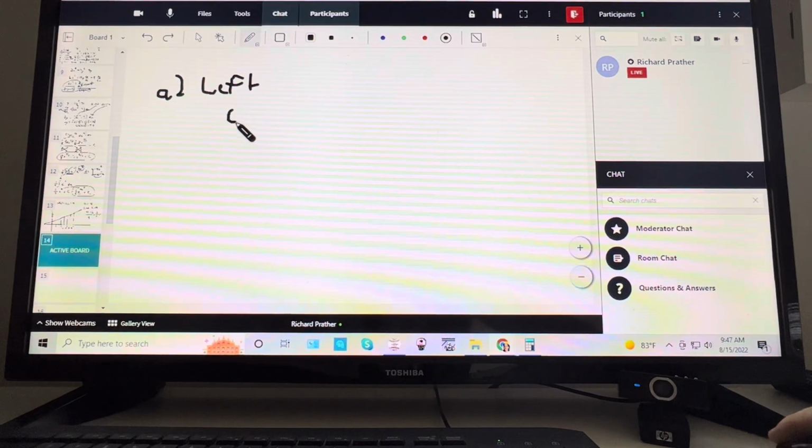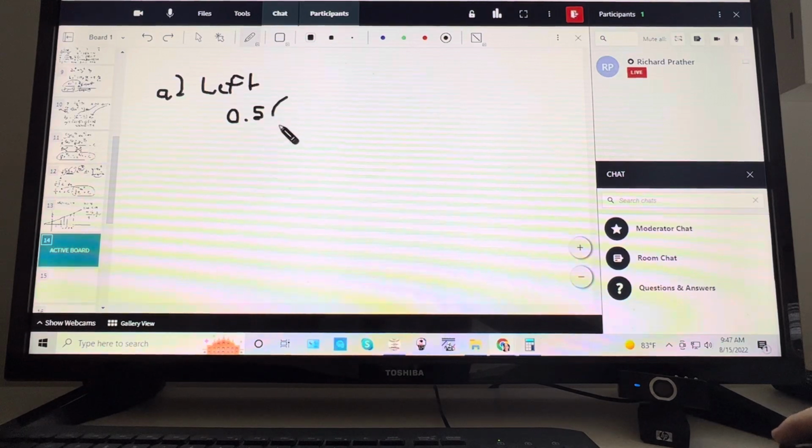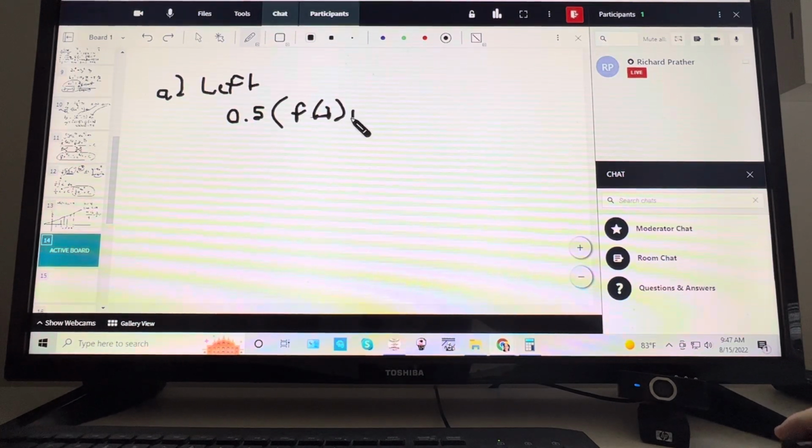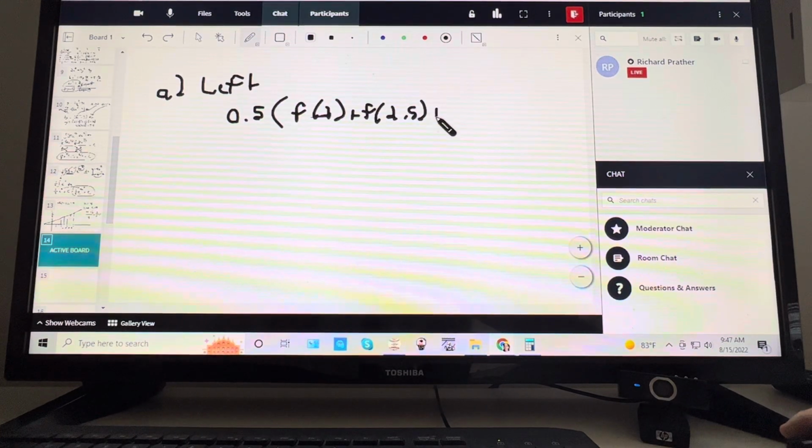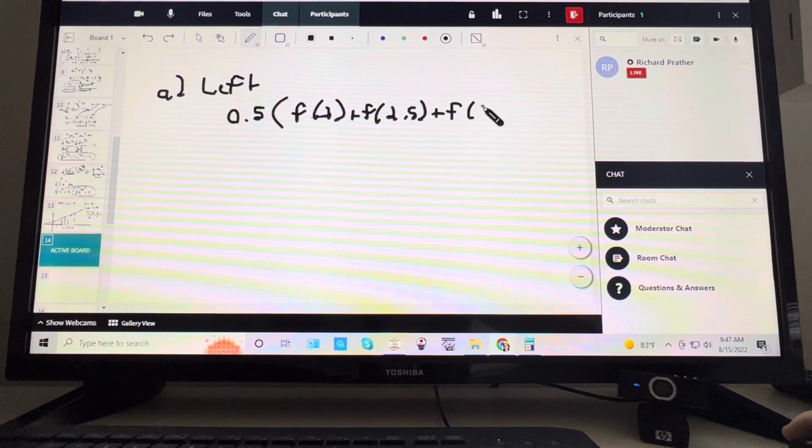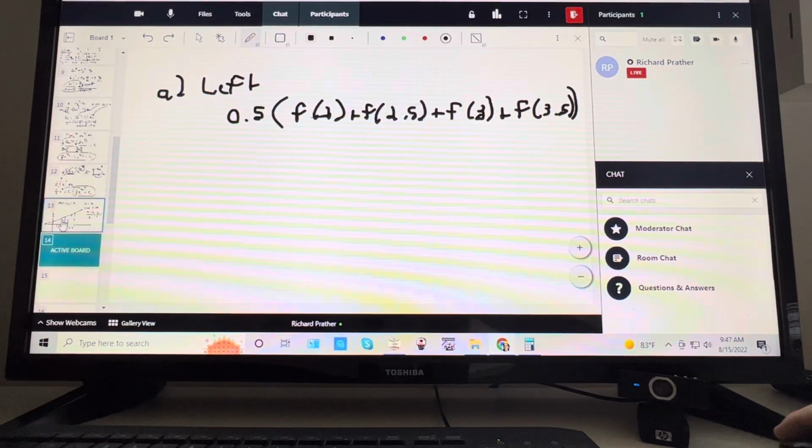And the width is 0.5 every time. So I need to do f of 2 plus f of 2.5 plus f of 3 plus f of 3.5. Those 4 are the left endpoints.